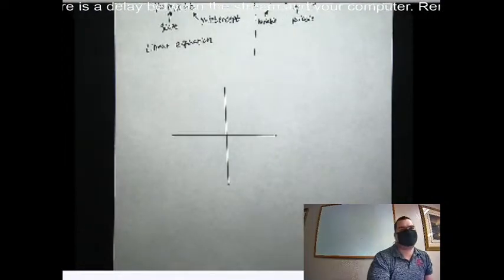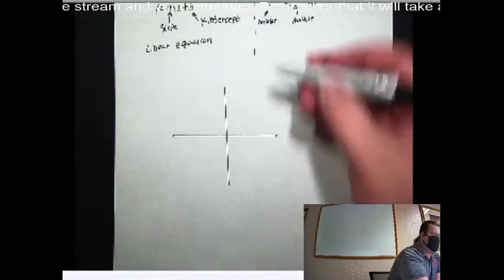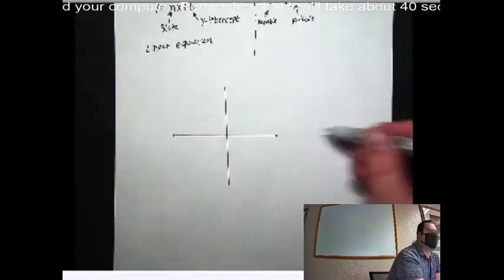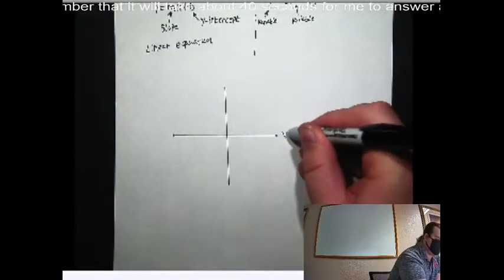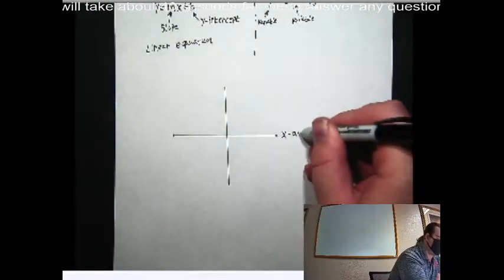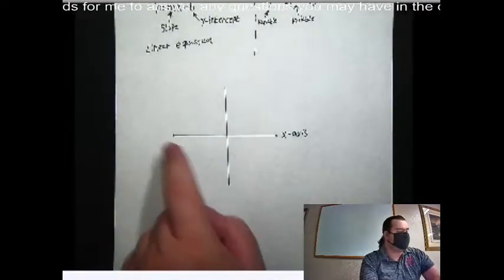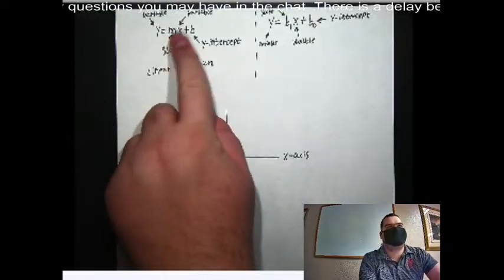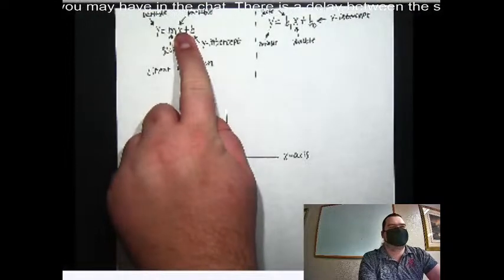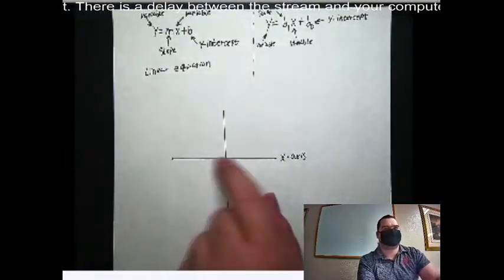So when we have a graph like this, it's called a Cartesian grid. So the horizontal line here is called the x-axis. Basically, it's a number line that shows where x is. Again, we plug in an x into this equation. This is basically going to show us where that x lands. It's a number line.